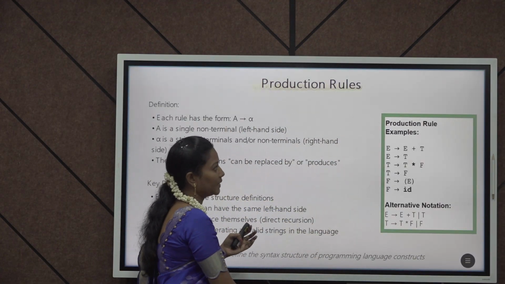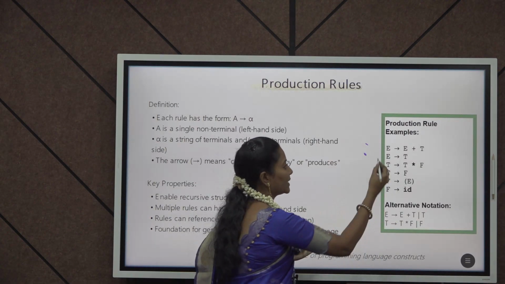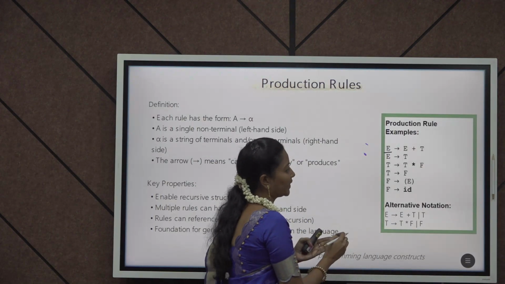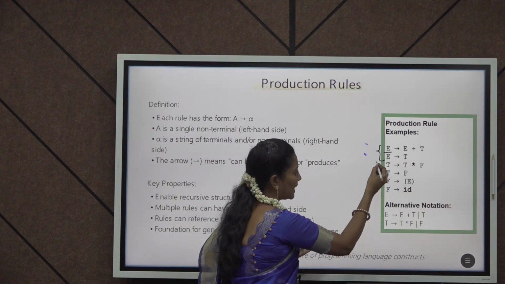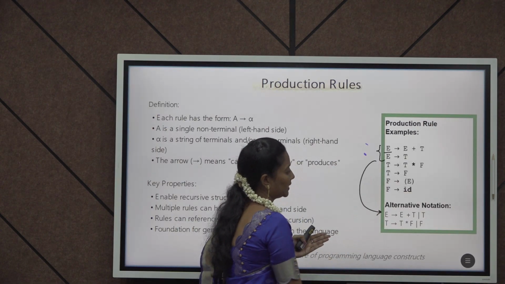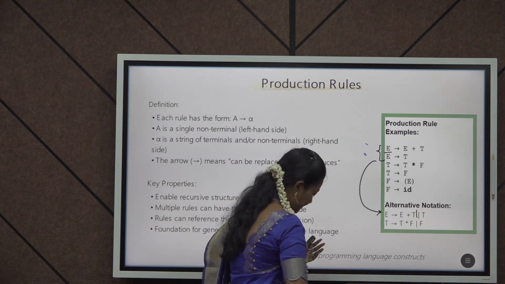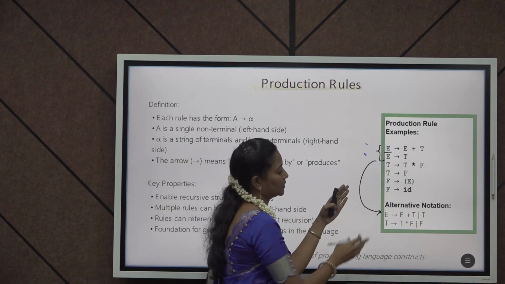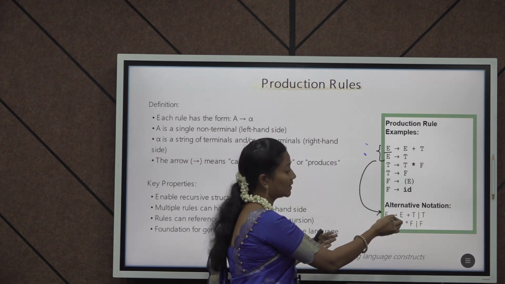Consider these examples of production rules. The first one is E implies E plus T, and then E implies T. We can rewrite these production rules in an alternative notation, that is E implies E plus T, then the symbol OR, and then T, representing the two production rules in a single one.